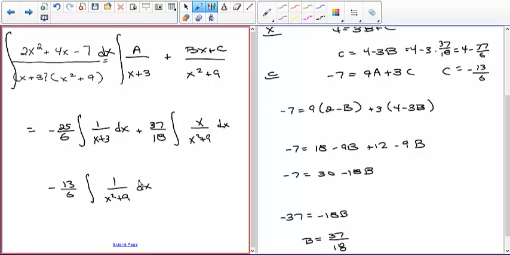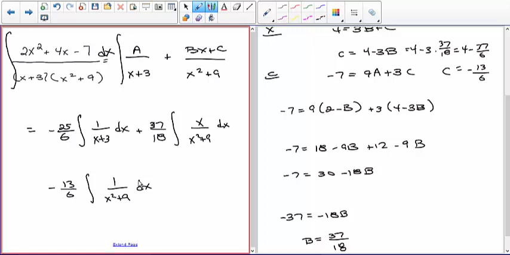So what I've done is I've just gone ahead and broken up that second integral into two parts, one that involves the x and one that involves the constant. So you take the constant A and stick it out in front of the integral involving 1 over x plus 3. You take B and stick that out in front of the integral of x over x squared plus 9.